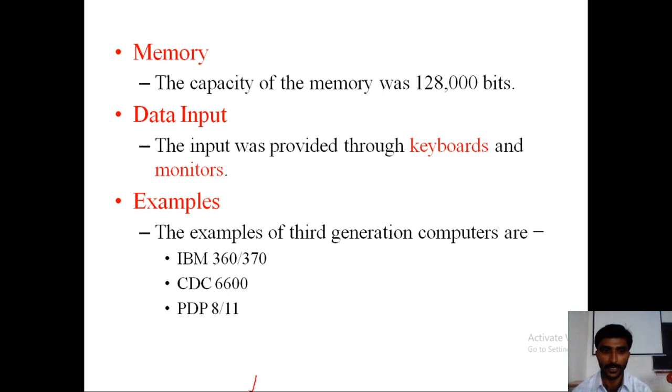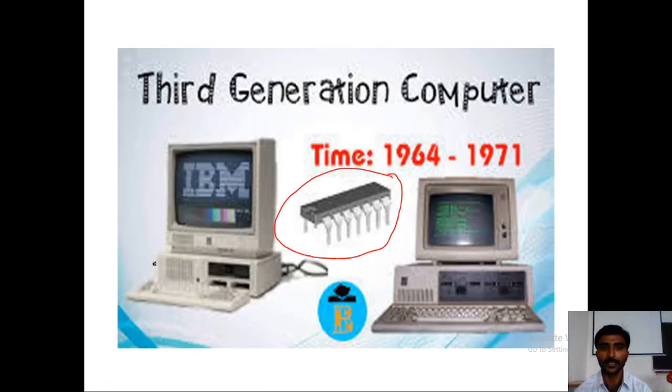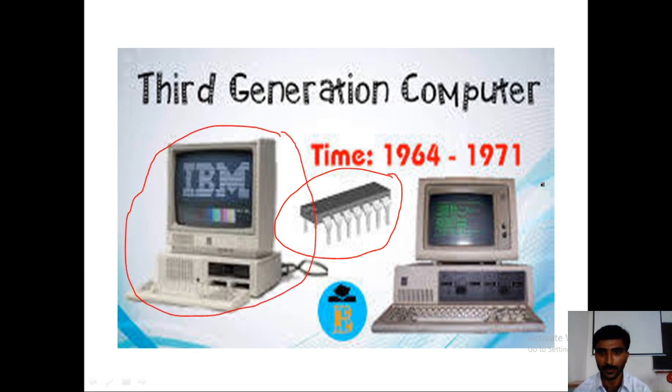IBM 360 or 370, CDC 6600, PDP 8 or 11. These are the third generation computers of those days. They take less space than the first or second generation.